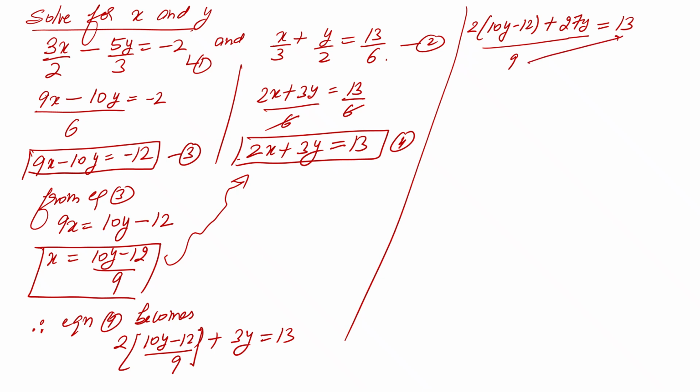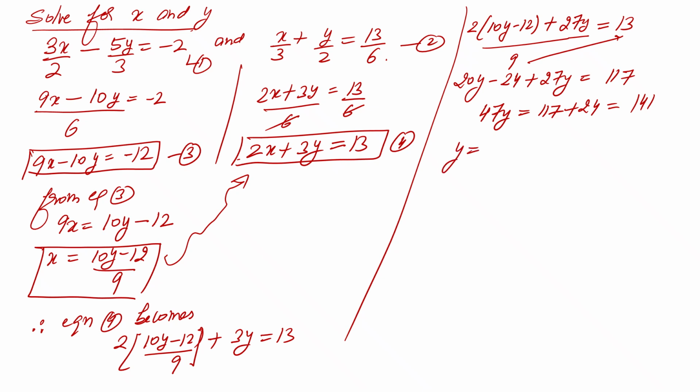We will multiply this, this will be 20y minus 24 plus 27y, this is 117. So 47y equals 117 plus 24, this is equal to 141, right? So y would be equal to 141 over 47, this will give you y as 3. Okay?